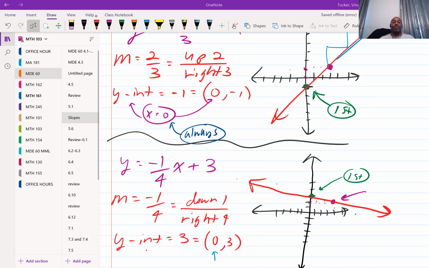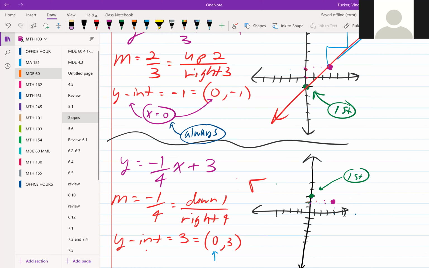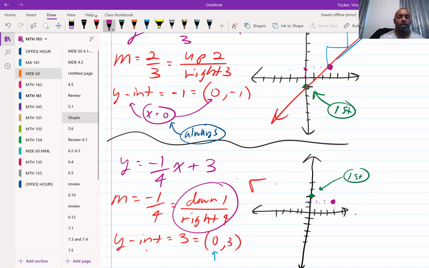I've got a quick question. Yes, sir, what you got? Why does it matter that we plot the y-intercept first? Because your slope is not a point. It's a set of directions.